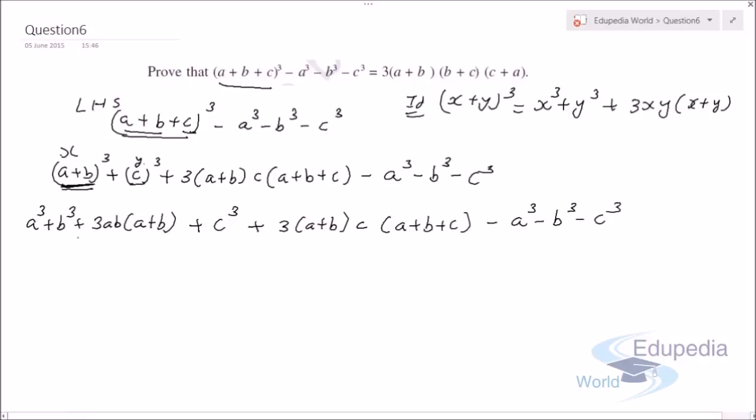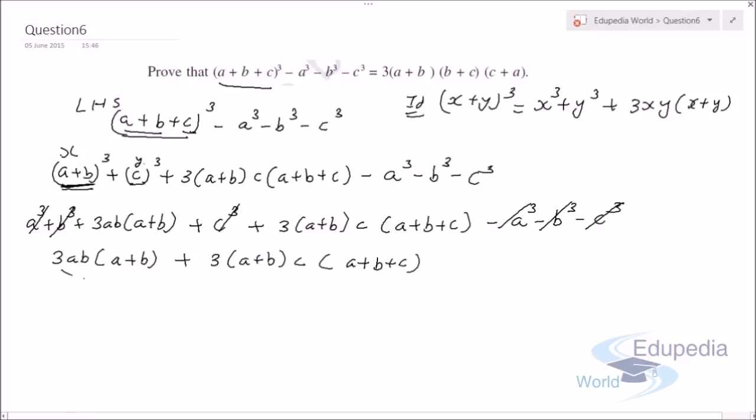Now we can cancel out the like terms. C cube and minus c cube will cancel out, b cube and minus b cube will cancel out, a cube and minus a cube will cancel out. What remains is 3ab into (a plus b) plus 3 into (a plus b) c into (a plus b plus c).